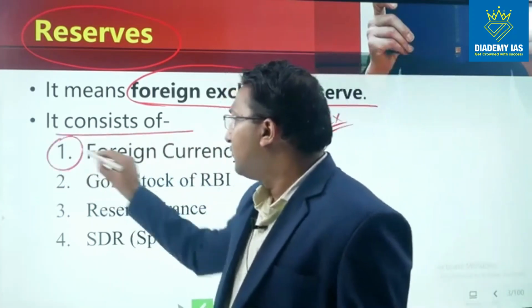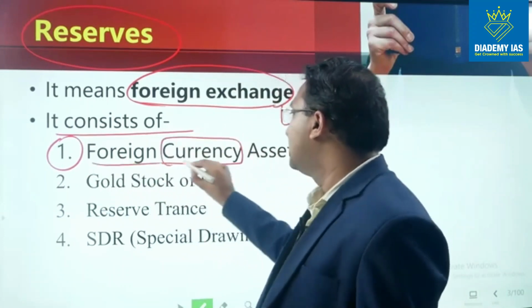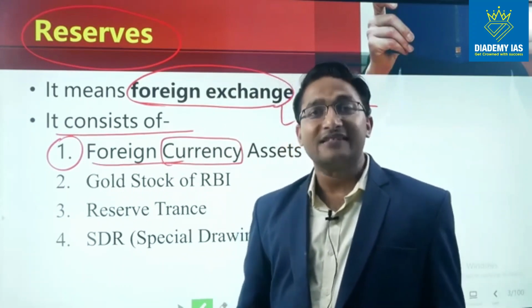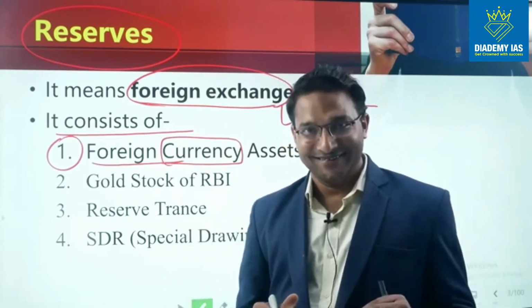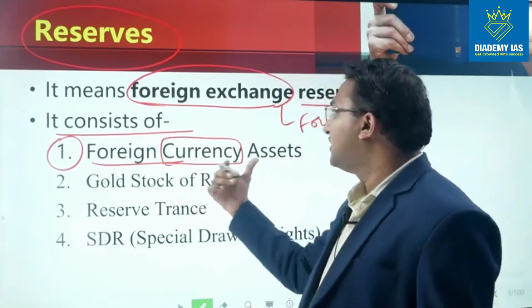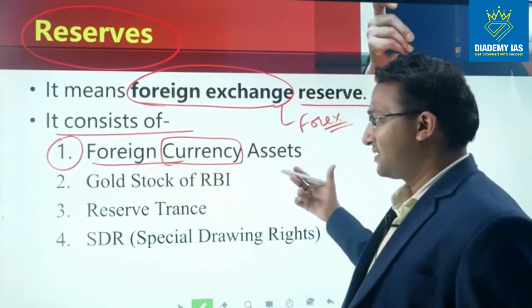First, foreign currency assets. Foreign currency means the currency of all the countries except our own country, right? So those currencies are combined together and they are called foreign currency assets.